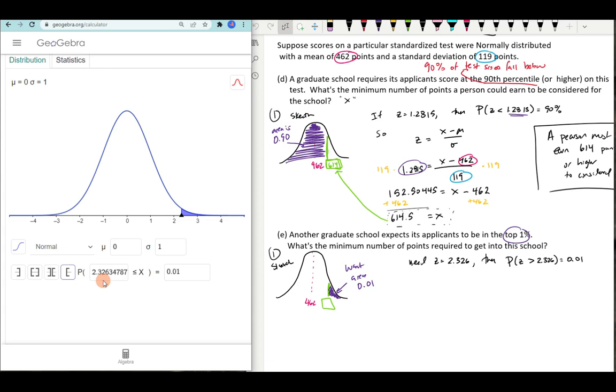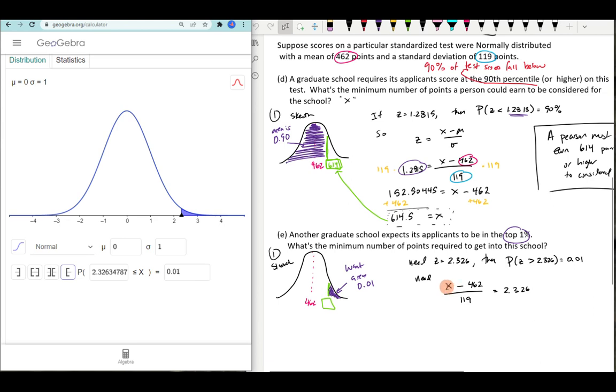And then we say, all right, I know what my z-score is, so what I ultimately need is whatever my data value is minus the mean, 462, divided by the standard deviation, which is 119. I need that to be equal to this z-score, 2.326.